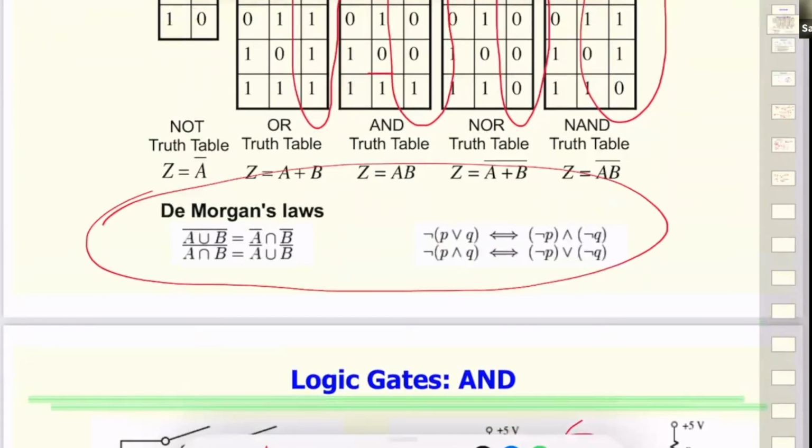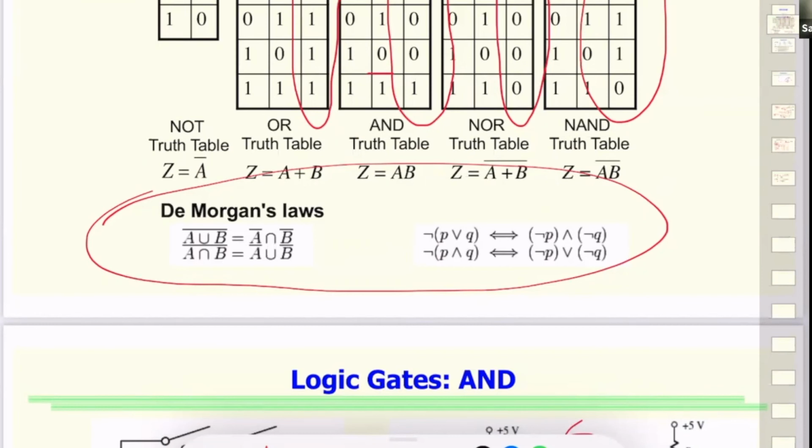How can we take the union, which is OR, and convert it into AND, the intersection, in maths?